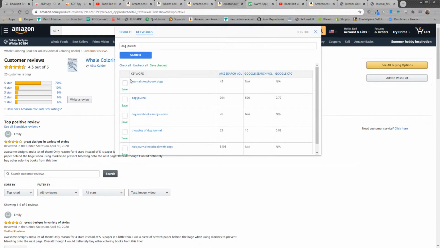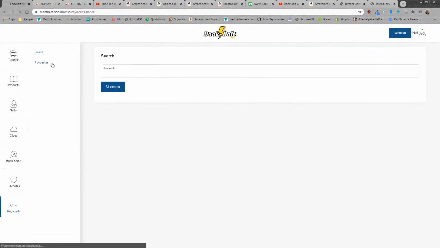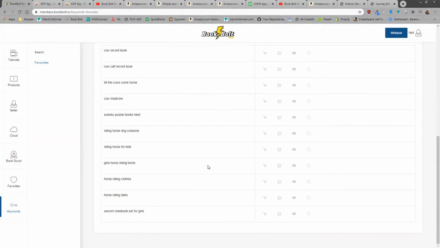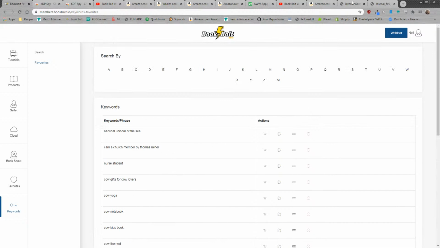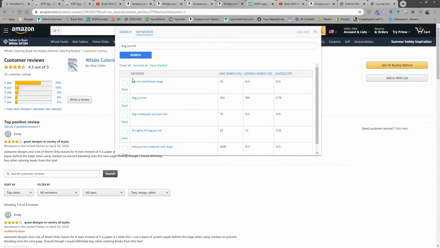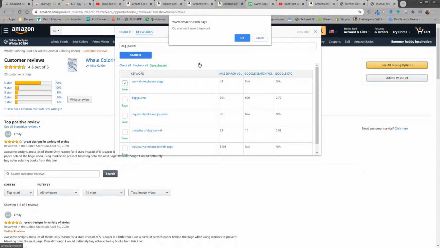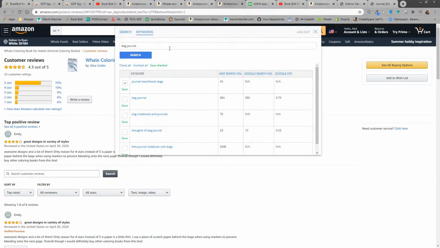All right, so right here, you can actually save these keywords inside of Book Bolt on the favorites over here. You see I've saved a bunch of keywords in here. You can do that from Amazon by just clicking save right here and then saving the checked. So boom, you want to save the keyword? Yes, I do. Done. And now it's inside of Book Bolt to come back to at a later date.